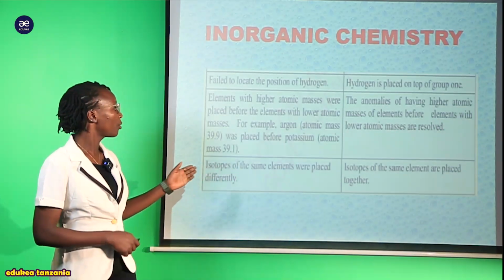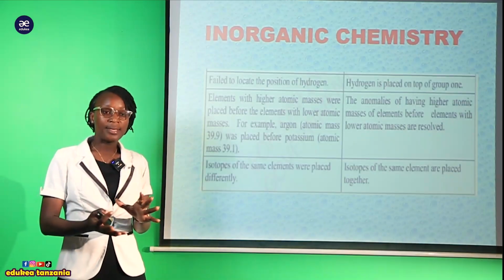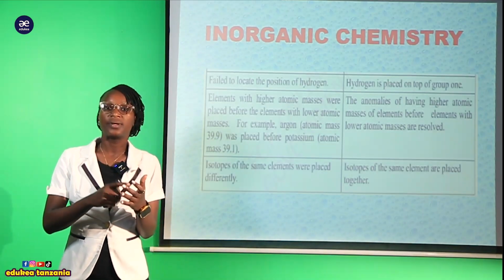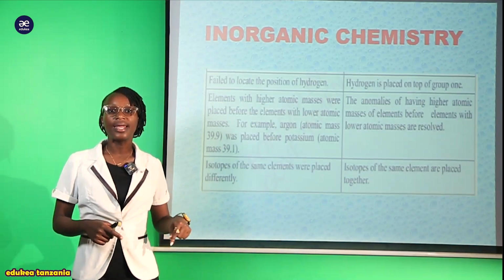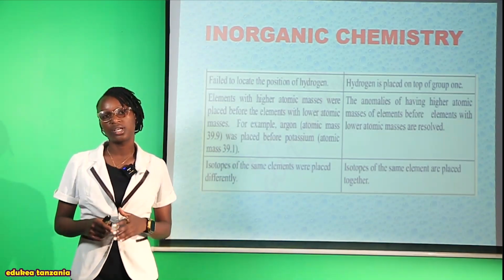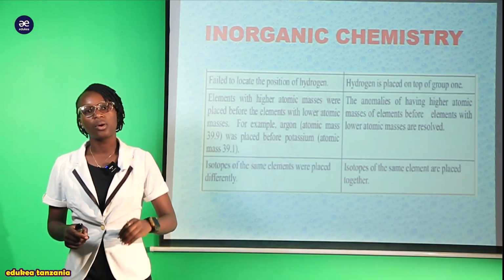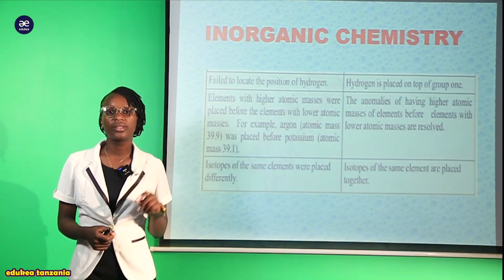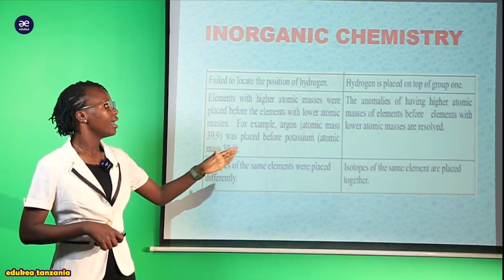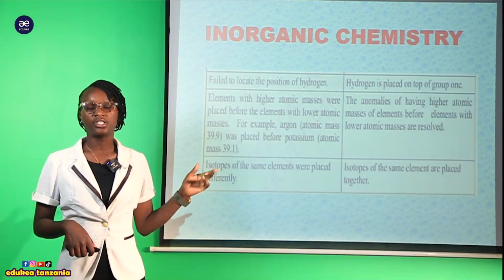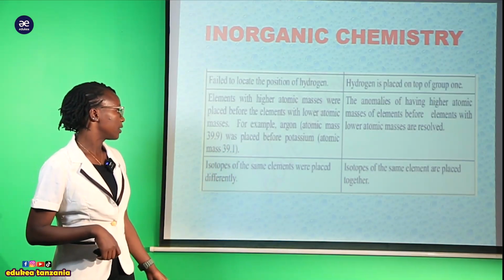Sasa unaona kwamba element ina atomic mass ya 39.9 inakuwa ya kwanza kuwekwa kwenye periodic table, unakuja nyingine ina 39.1. Unashangaa mbona ile ambayo ina kubwa ndio ya kwanza kuwekwa afu mwenye mdogo ndo kafuata? So that was a difficult issue. Kwa hiyo utaona utofauti, lakini huku hii anomalies ilikuwa solved kabisa.